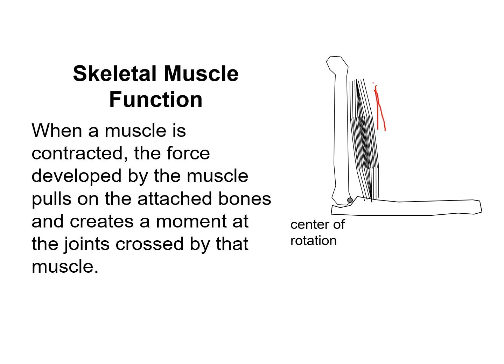So it's shortening towards its center. Okay. And it's going to pull upwards on our forearm bone, either radius or ulna right here. Okay. It's going to pull upwards and cause the motion of arm flexion.